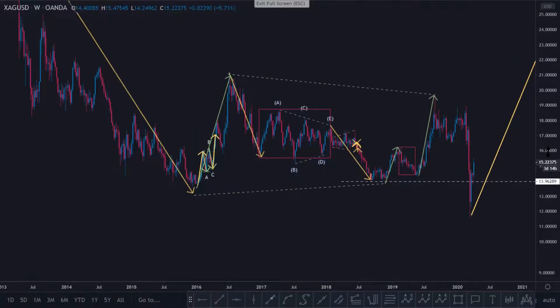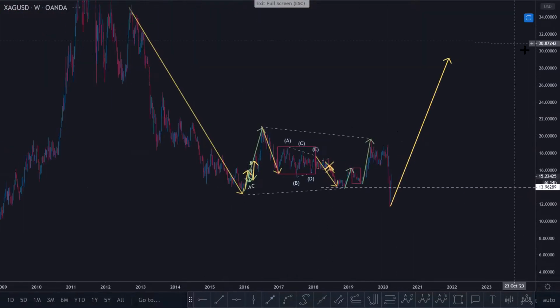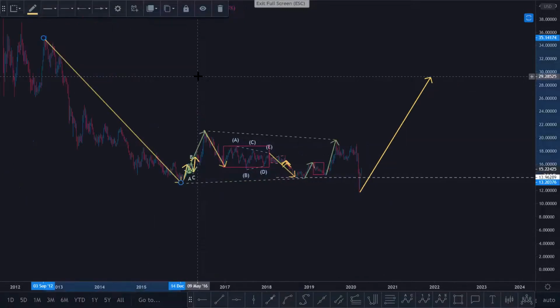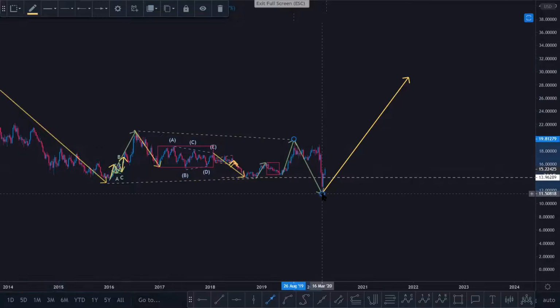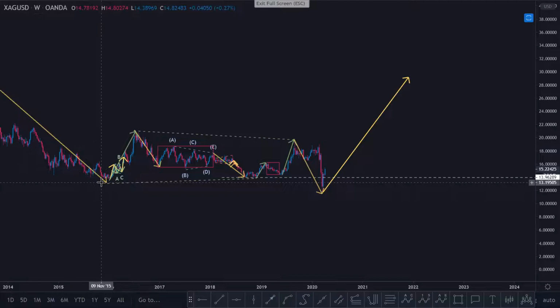And now what we've seen, it's difficult to put this into perspective because we've had such a big impulse on the downside. And technically speaking, this is complete because we've broken the lows of the first impulse.